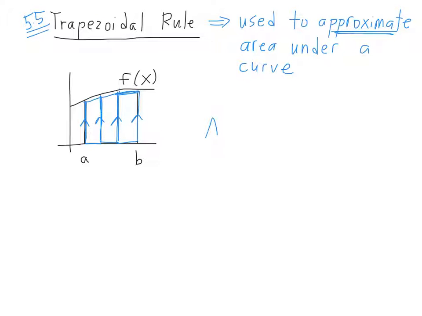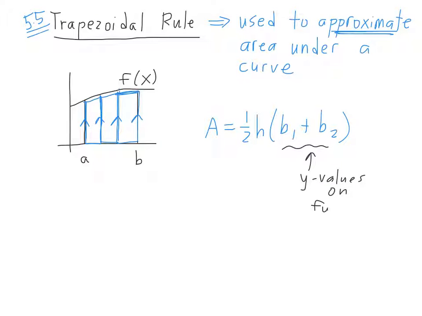And recall that the area formula of a trapezoid is 1/2 the height times base 1 plus base 2. So these bases are really the y values on the function. Again, the trapezoid is really turned on its side.